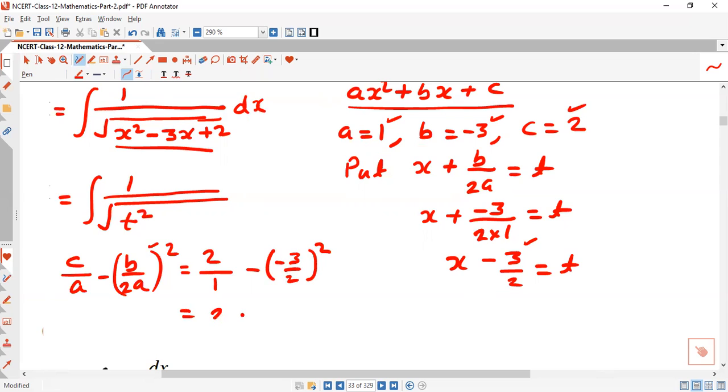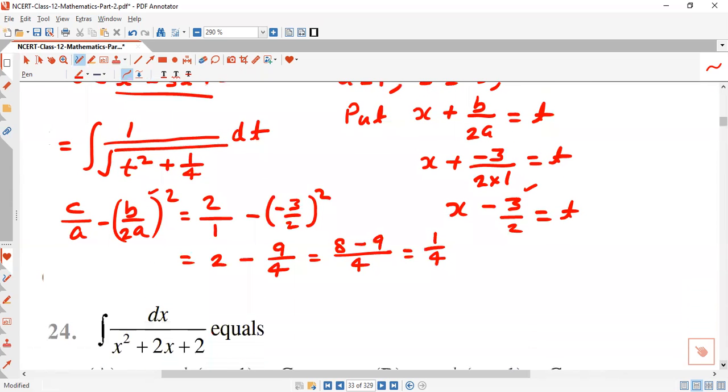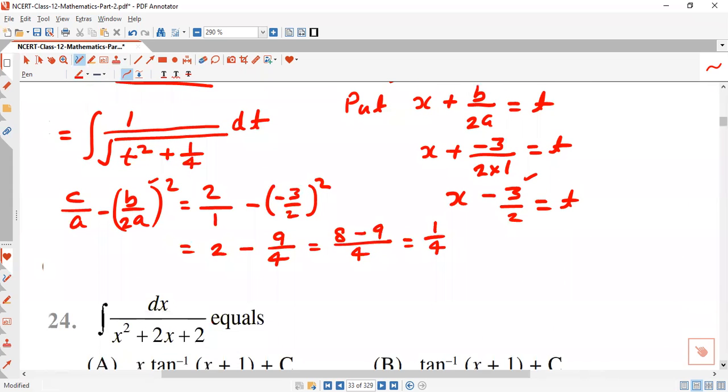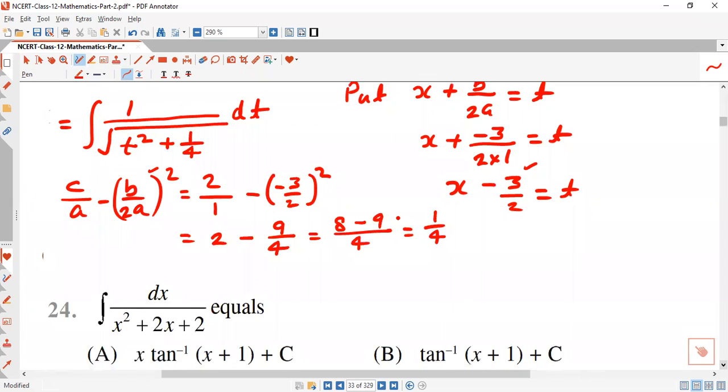So it comes out 2 minus 9 by 4. If you simplify, with LCM 4, 8 minus 9 over 4, it comes out 1 by 4. Hmm, we write down plus 1 by 4 here, and this is dt. So now this integration is simplified and we can solve it. This is a direct formula, and we will use the direct formula of this integration.